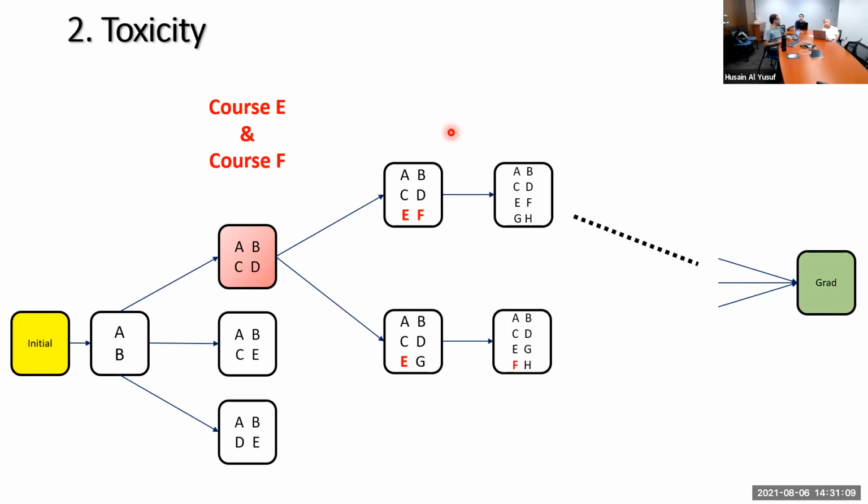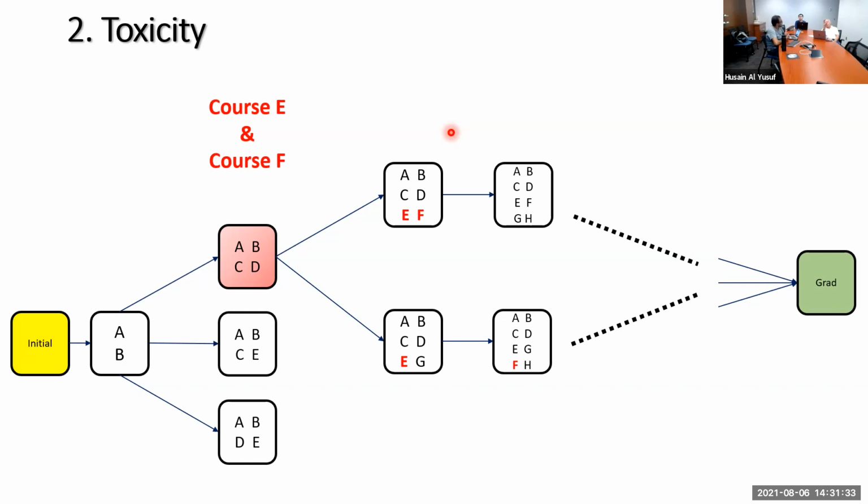And we compare the graduation rate for both situations or both models and see what the difference is. This is for future work. This is our proposal for these two ideas as future work for this paper.